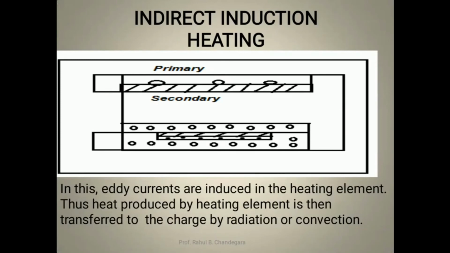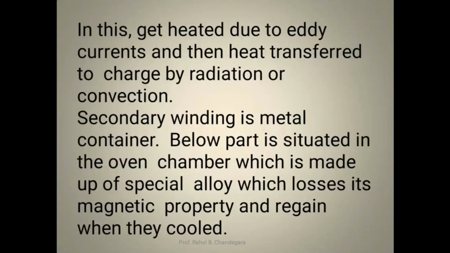So these are the methods, direct induction heating and indirect induction heating. In the direct method the charge is directly heated, but in this indirect method the charge is heated by radiation or convection. The secondary winding is a metal container.